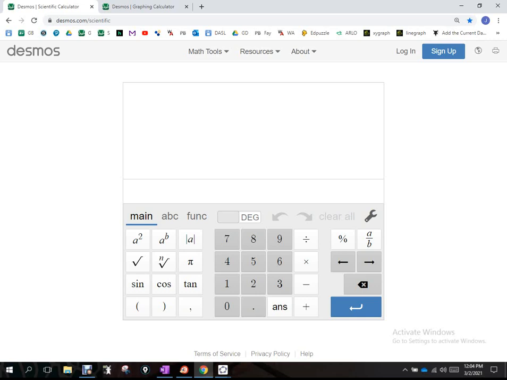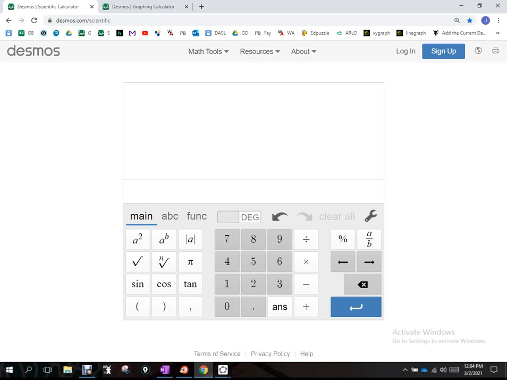So if you look on your calculator, I'll break them all down here briefly. If I look at Desmos in this version, it's easiest here to see. You see where it says degree right here? There's a toggle switch. If I hit that, now it says RAD. So now it's in radians. Now it's in degrees. We are going to be working primarily in degrees.